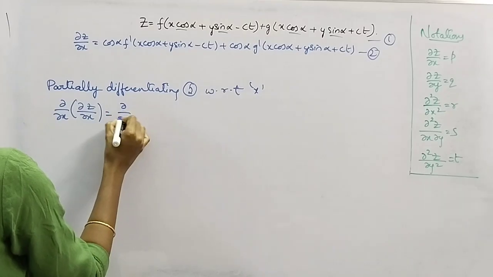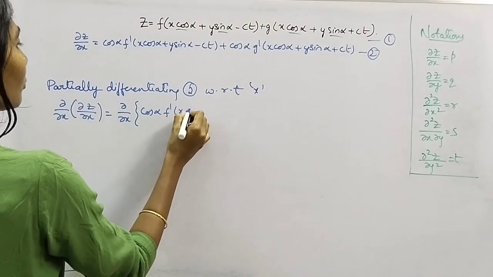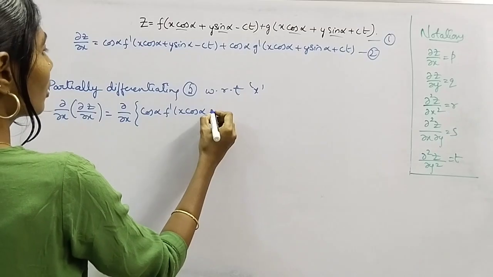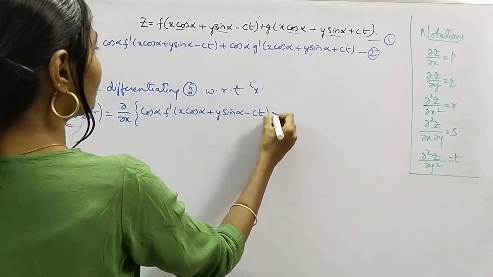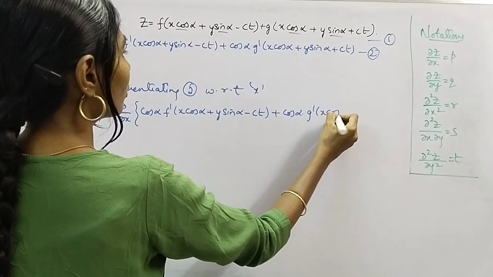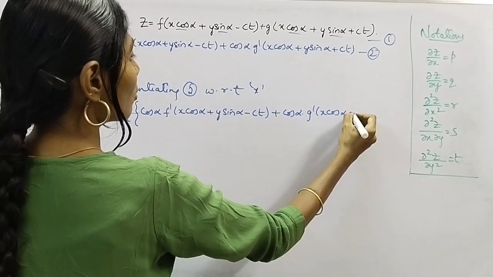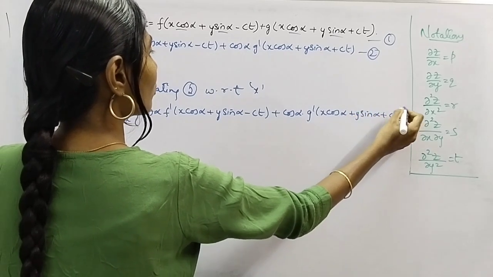Equal to dou by dou x of cos alpha f dash, where f dash is nothing but f dash of x cos alpha plus y sin alpha minus ct, plus cos alpha into g dash, where g dash is nothing but g dash of x cos alpha plus y sin alpha plus ct.